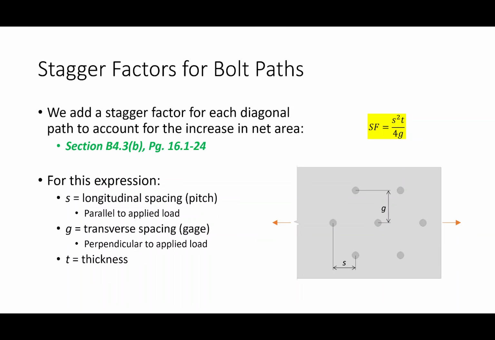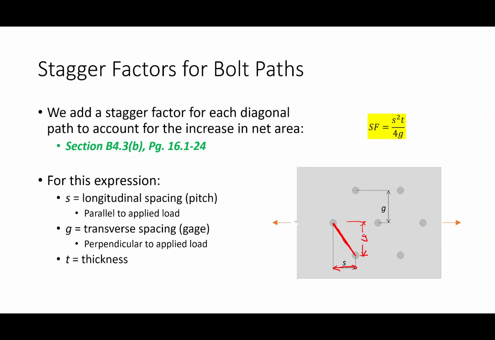Now, the way that we define S and G is, if we're looking at, let's say, this diagonal path right here, S is the dimension that is parallel to the load, which, in other words, goes that way, and G is the dimension that's perpendicular to the load, so it goes that way, okay?